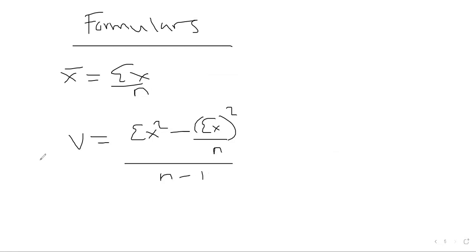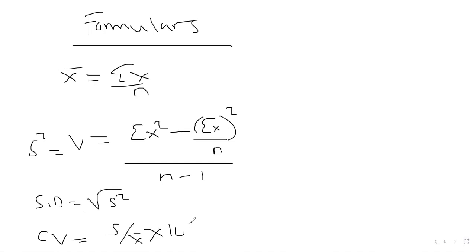This is called the sample variance. Then the standard deviation is simply the square root of the variance. The coefficient of variation is the standard deviation divided by the mean, times 100. This is how we do it in ungrouped data.